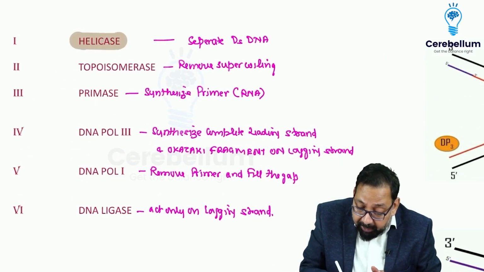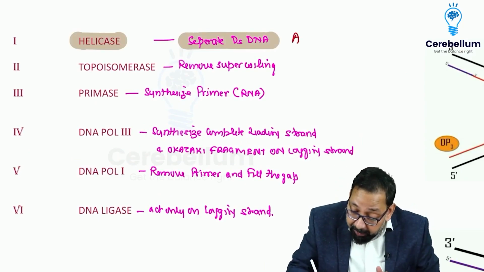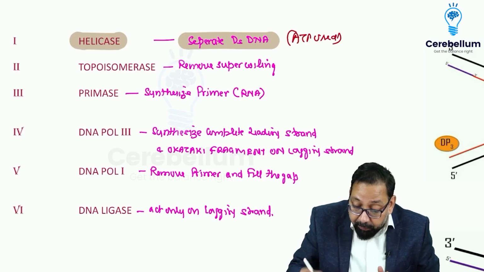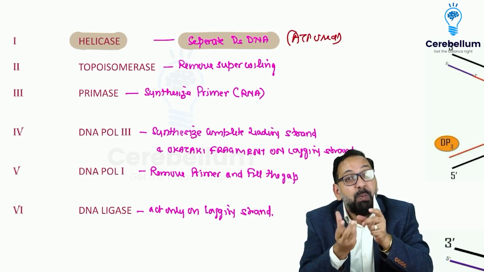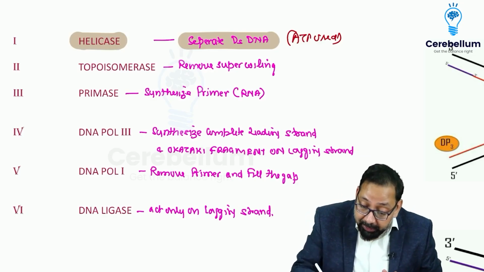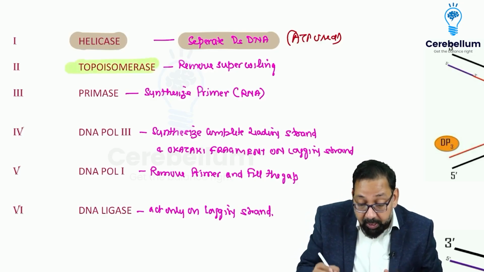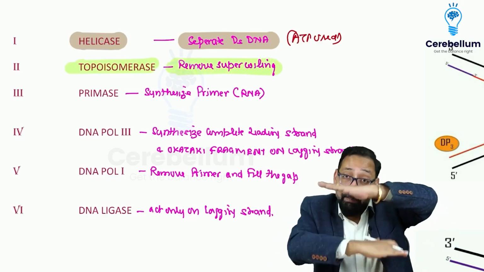Helicase separates double-stranded DNA and uses ATP. When double-stranded DNA is separated, supercoiling and torsional tension are produced. That torsional tension is removed by the next enzyme, topoisomerase, which removes supercoiling.